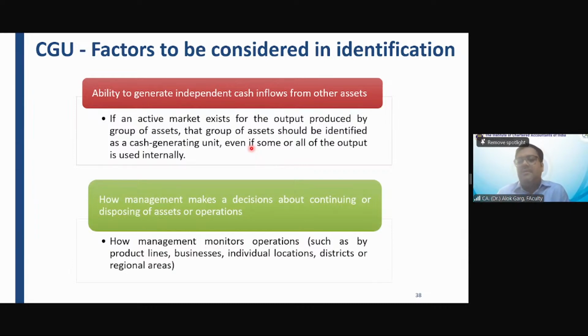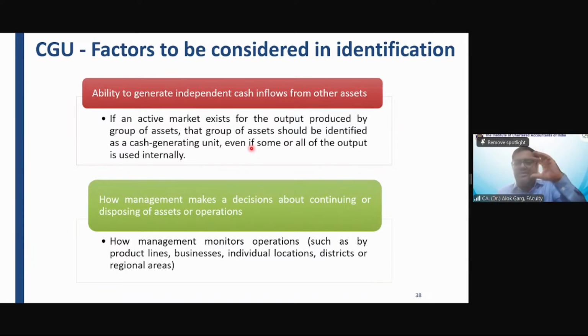Then machine A transferred that semi-finished output to the other machine B. That machine B does some modification, and this machine B also provides some semi-finished output, and then it transferred to machine C, and machine C provides a finished output.